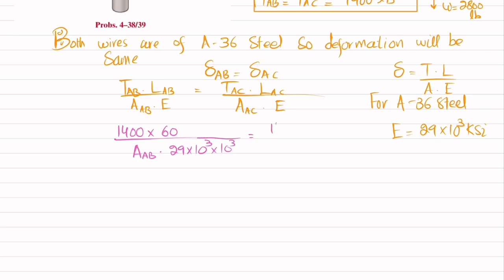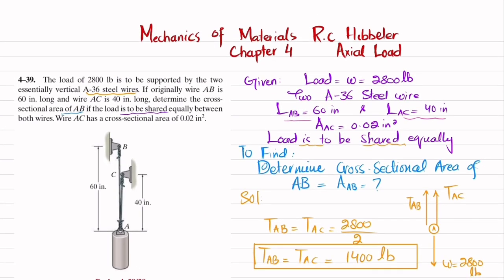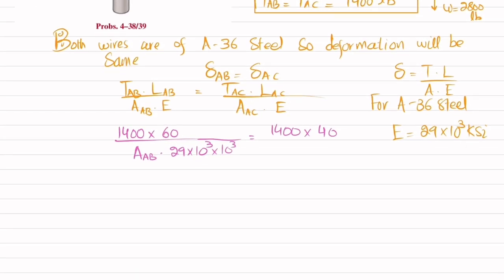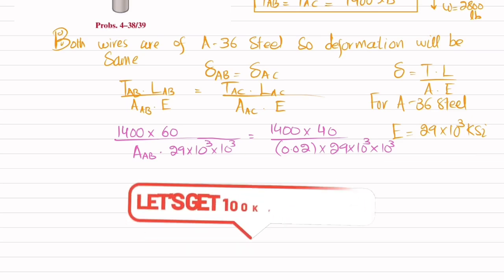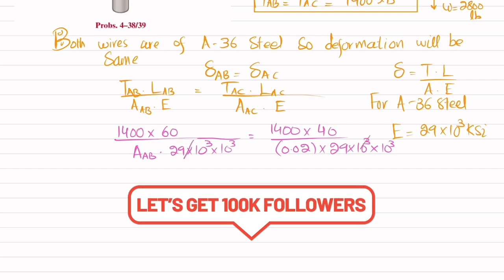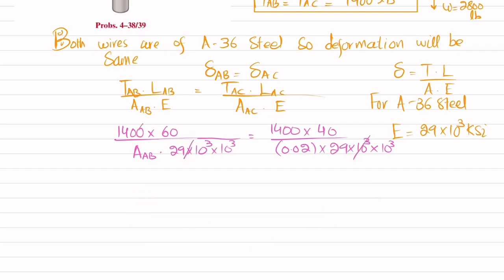That is equal to 1400 multiplied by length 40 for AC, divided by area of AC 0.02 and E, which is 29 into 10 raised to power 3 ksi, and ksi will again be 10 raised to power 3 because that will be in pounds.